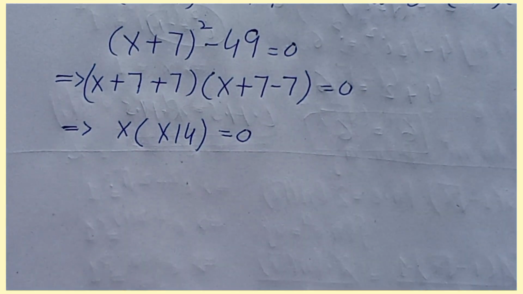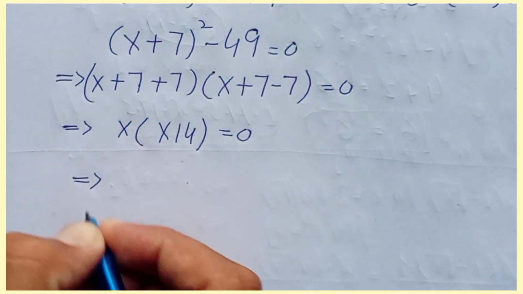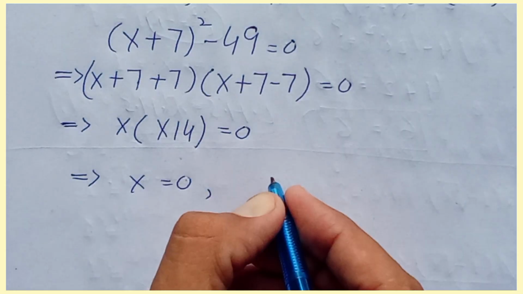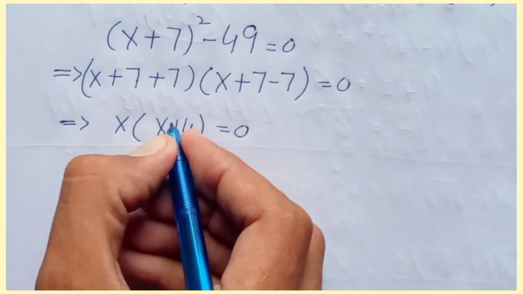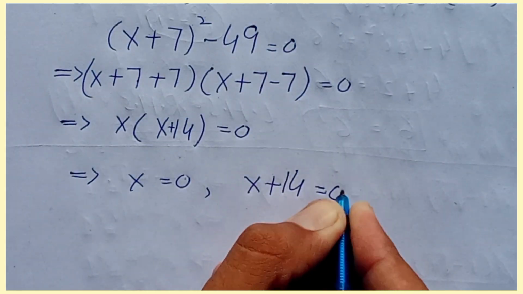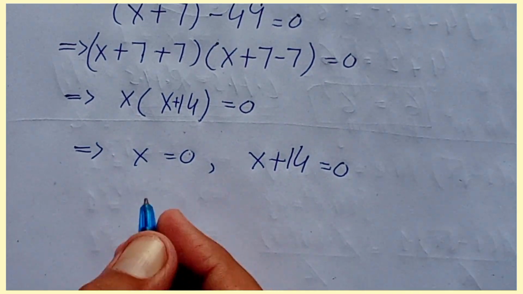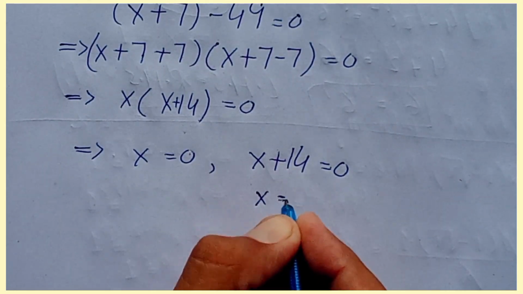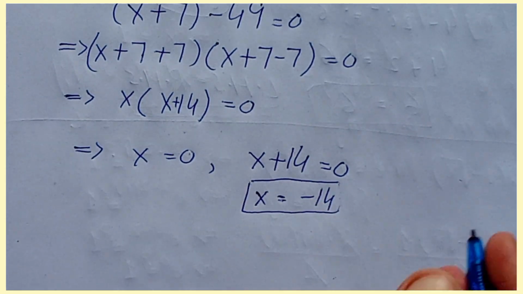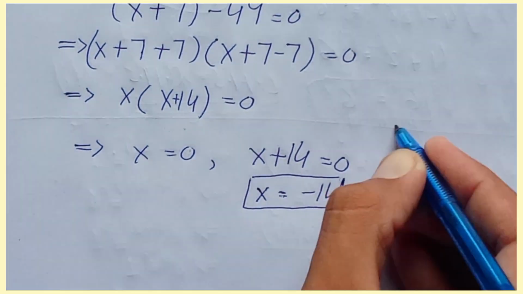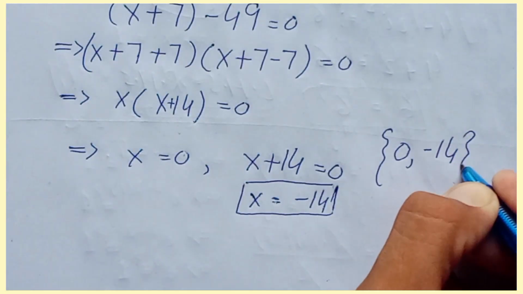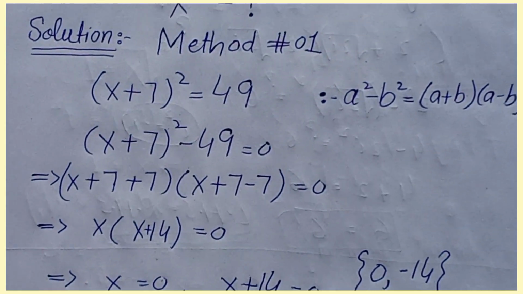Here, x is equal to 0, and x plus 14 is equal to 0, so x is equal to minus 14. So our solution set is 0, minus 14. This is our first method.